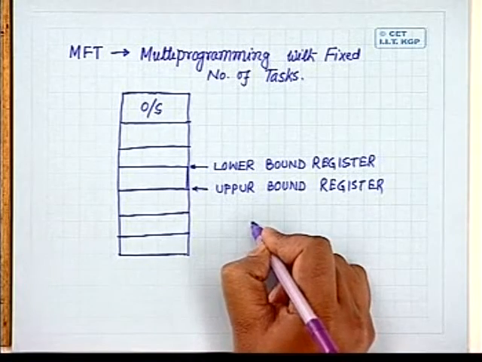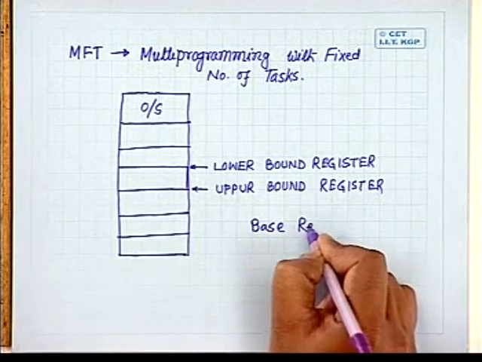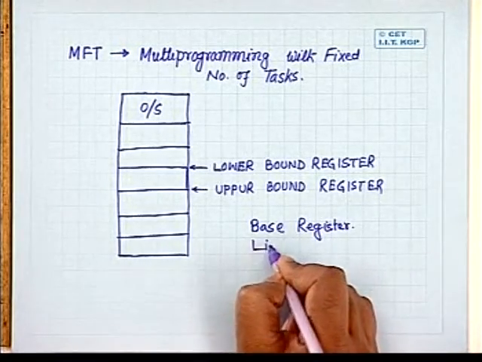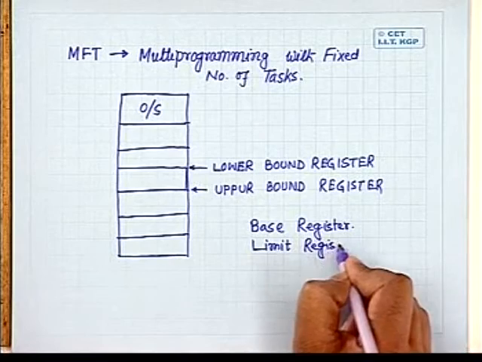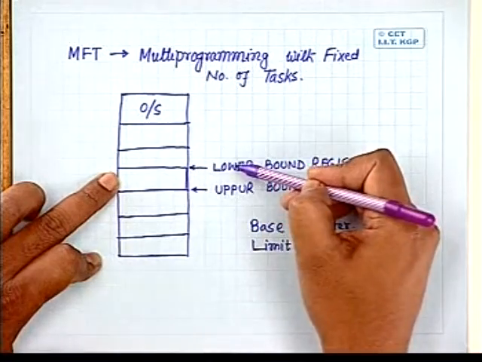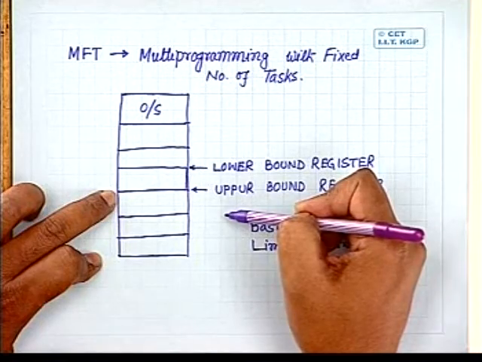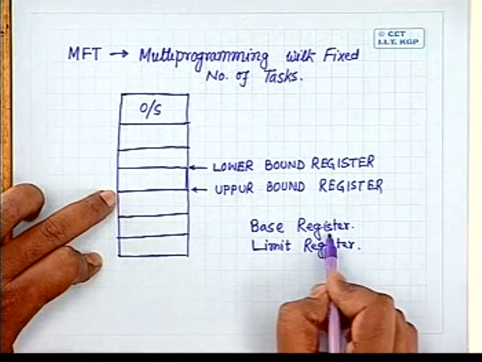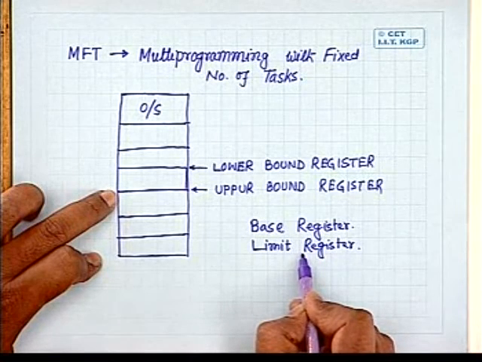One is called a base register, and the other one I'll call the limit register. Because an address which is not less than the lower bound register content and not greater than the upper bound register content must reside within the range of the base address. The minimum can be the base address, and the maximum can be the base address plus the limit register.